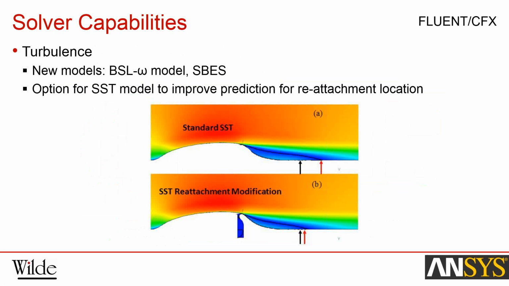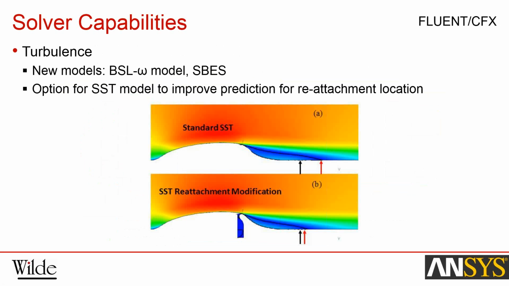Okay, in terms of turbulence, within Fluent we've got two new models, a baseline Omega model and an SBES. A little bit about the baseline model first. It's an Omega-based model, and it's Fluent's new strategy, which is going to be used to slowly phase out the realizable K-epsilon model.